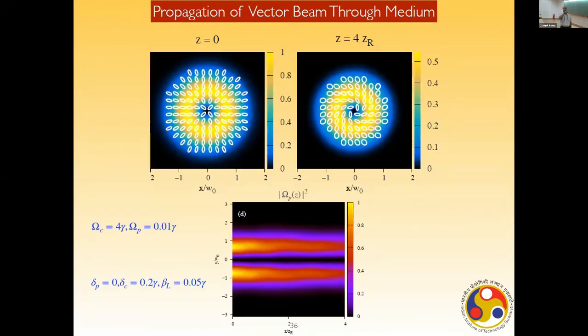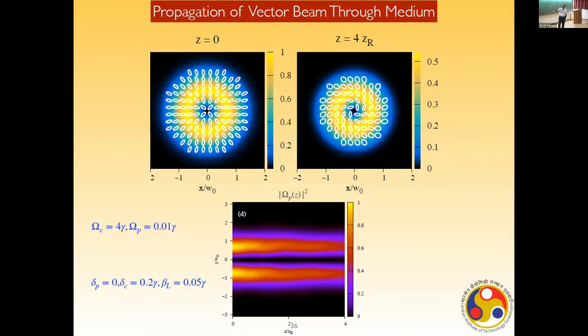What we did, we considered the Gaussian beam and radially polarized light. Now this is the spatial profile at z equal to 0. Also you can see at z equal to 4 zR, after the Rayleigh length, the spatial intensity profile is intact. There is no diffraction.